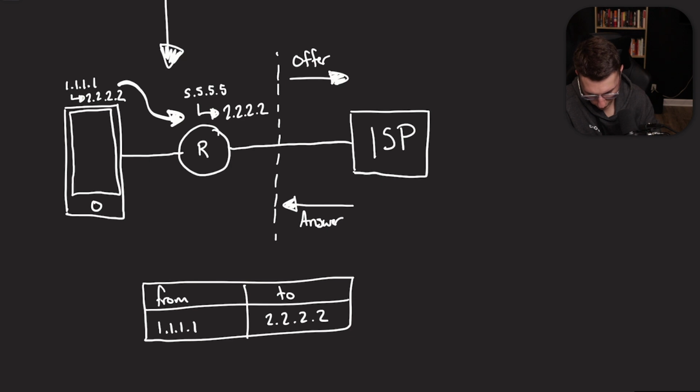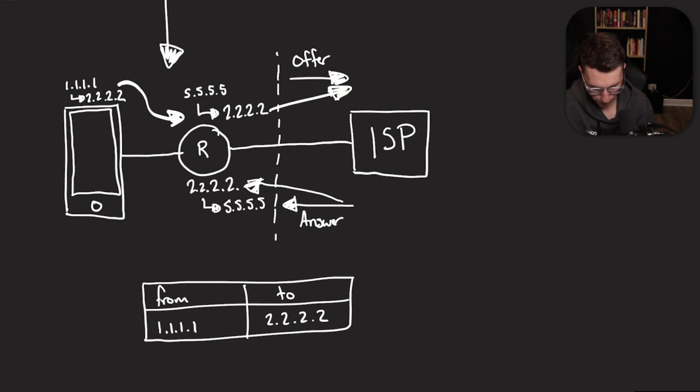So you're no longer sending it from 1.1.1.1. You're sending it from 5.5.5.5. That message goes out over the internet. When you receive the answer, it will be from 2.2.2.2 intended for 5.5.5.5. This then checks the table. In the table, you see that you were looking for a message from this specific IP address. So you're like, okay, I got something from this.